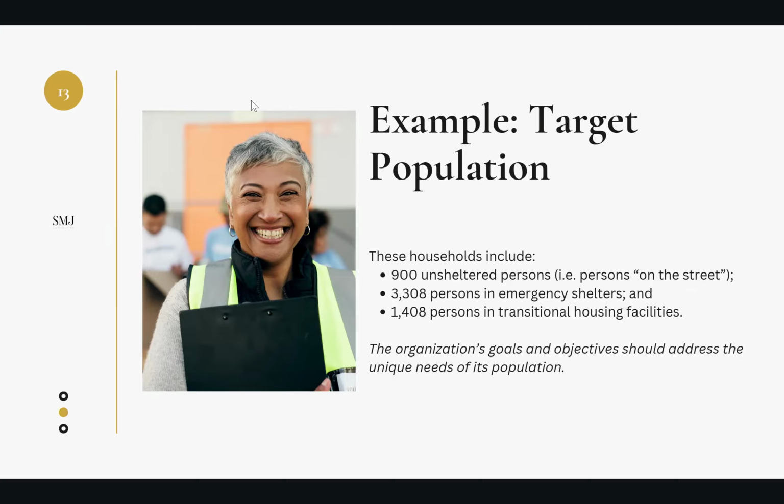So we focus on describing the different types of people who are experiencing homelessness in DC. So we talk about the unsheltered people. We talk about people who are in emergency shelters. We also talk about people who are living in transitional housing facilities.